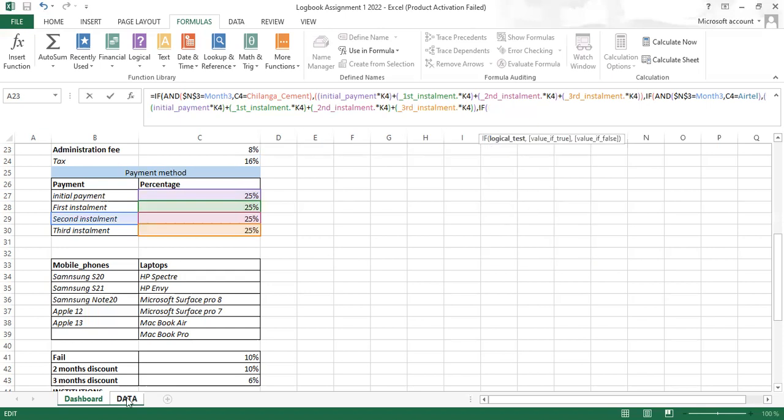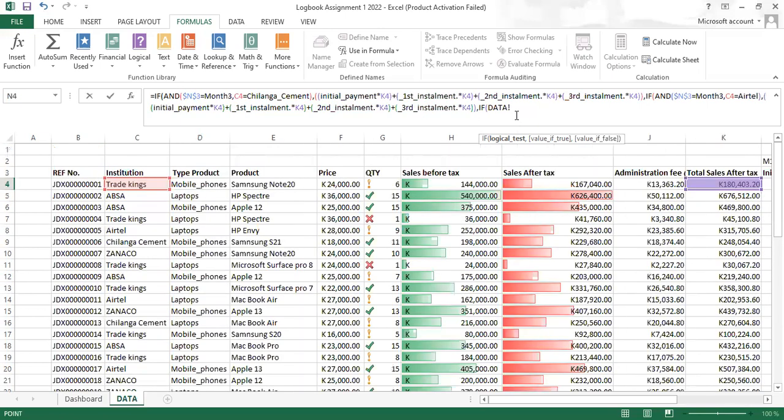If we go on data, let's capture the data first, so that we just capture the one on top there and lock it. When you're in the dashboard, it might not manage to lock it.